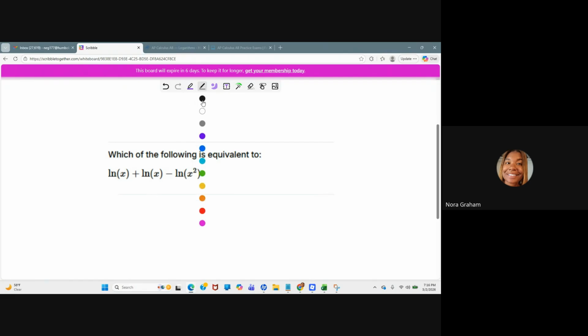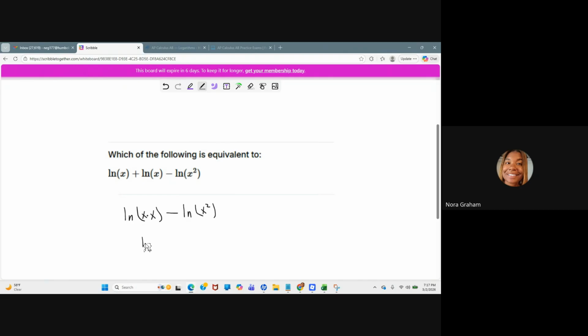Again, we're using our product rule, ln x plus ln x. I can just write that as ln, and we're multiplying both of our terms inside. I'm showing you every step. Minus ln x squared. Now I can use the quotient rule, which means I can divide these.